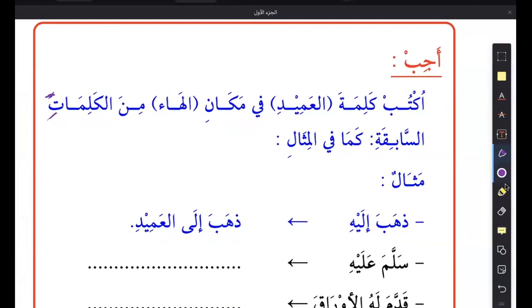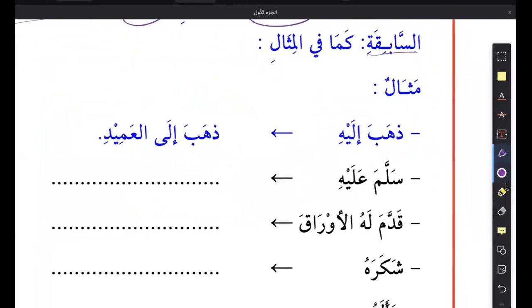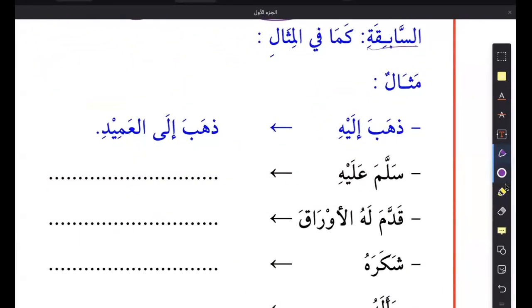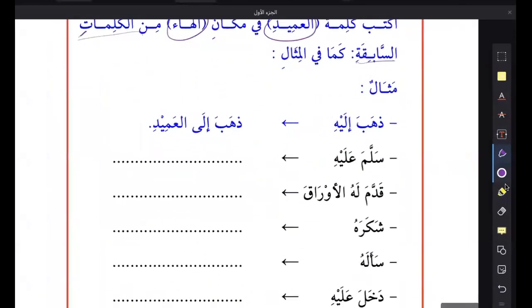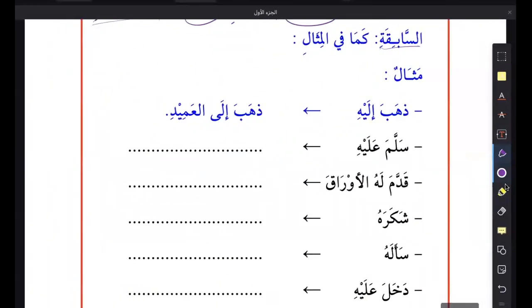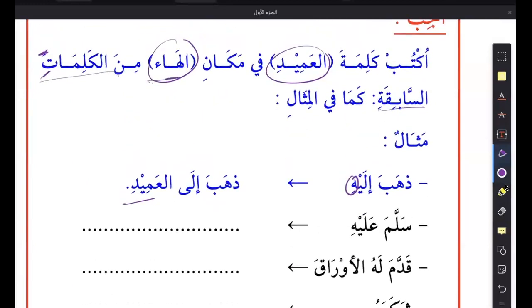So write the word amid, which is dean, in the place of ha, from the previous words, as in the example. So we have dhahaba ilayhi. Basically it's linked. Instead of saying ilayhi, you say dhahaba ilal amidi. So very simple exercise, honestly. They want you to replace the ha with amid.